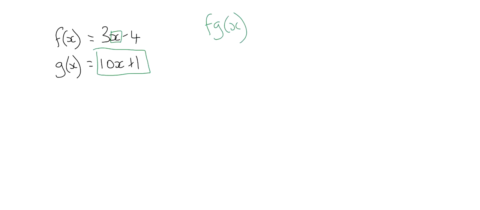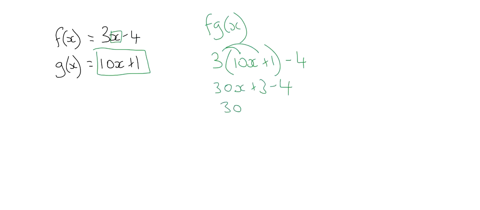So that means I get 3, and instead of x, I've got 10x plus 1, and then I've still got my minus 4. Yeah? So then I'm going to distribute. So then I get 30x plus 3 minus 4. So then this is 30x minus 1. So this is the function, the composite function f of g, or fg of x, sorry.